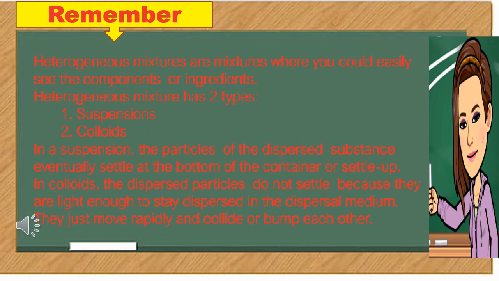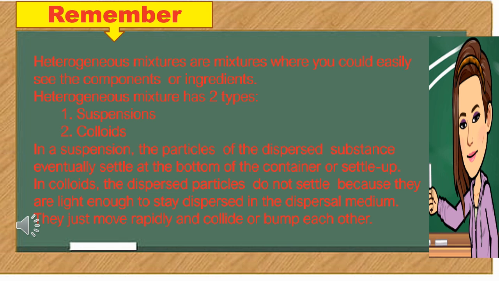Okay, remember, class, heterogeneous mixtures are mixtures where you could easily see the components or ingredients. Heterogeneous mixture has two types. 1. Suspensions. 2. Colloids. In a suspension, the particles of the dispersed substance eventually settle at the bottom of the container or settle up.